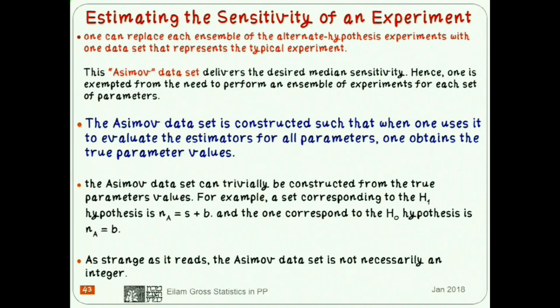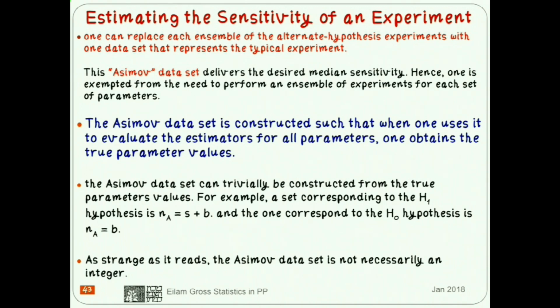For example, if you test the Bernoulli hypothesis and you want to know your sensitivity for some signal S, given by cross-section times luminosity times acceptance times efficiency, you simply construct an Asimov data set, N_A equals S plus B, the sum of your expectation for background and signal. Or if your alternative hypothesis is the background only, simply take the data set which is made of the background only.